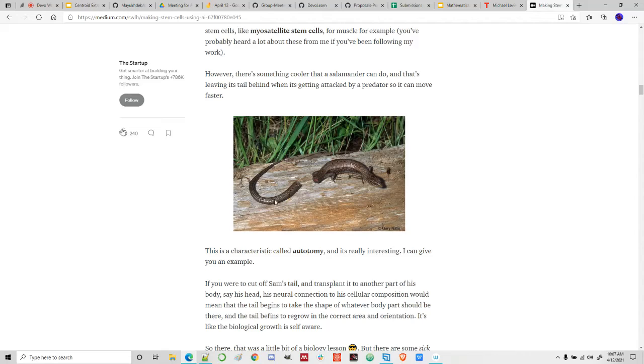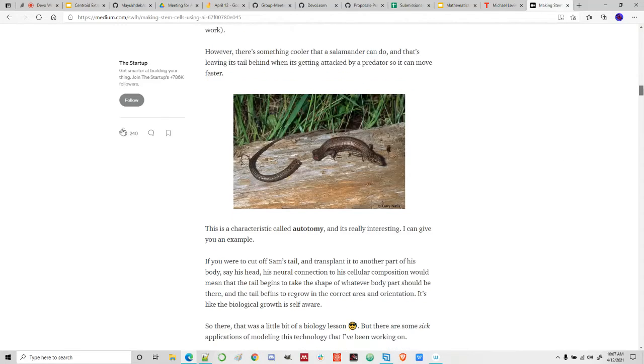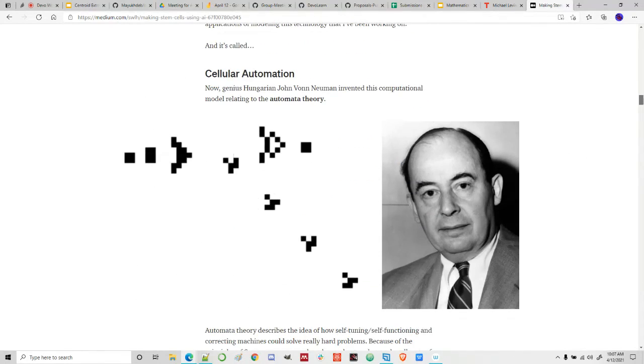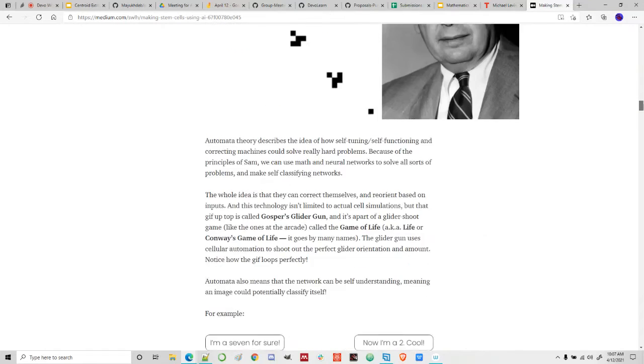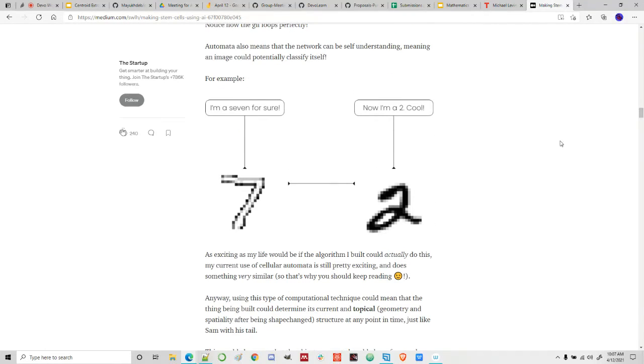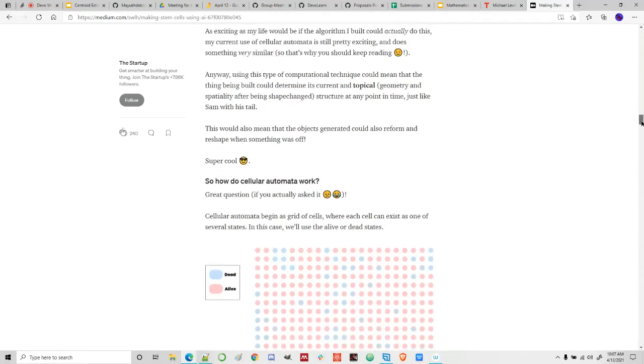Cells have to behave locally and fill in the gaps, so they regenerate this tail. And then it gets into cellular automata and talks about how cellular automata can regenerate. So you can change from a 7 to a 2 given some differential activity on the grid of the cellular automata.